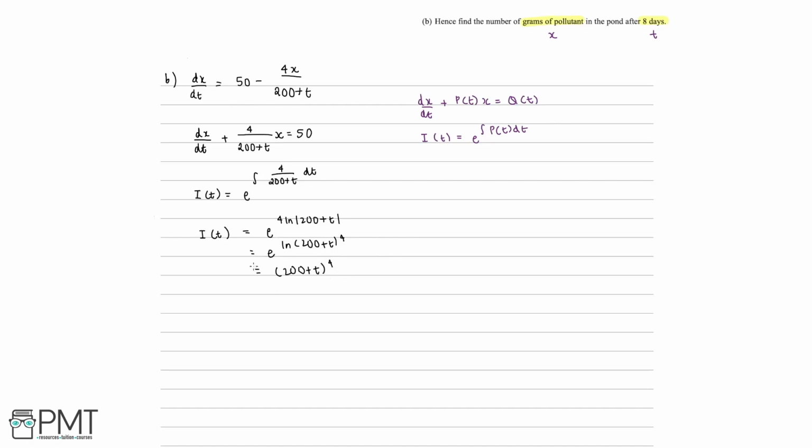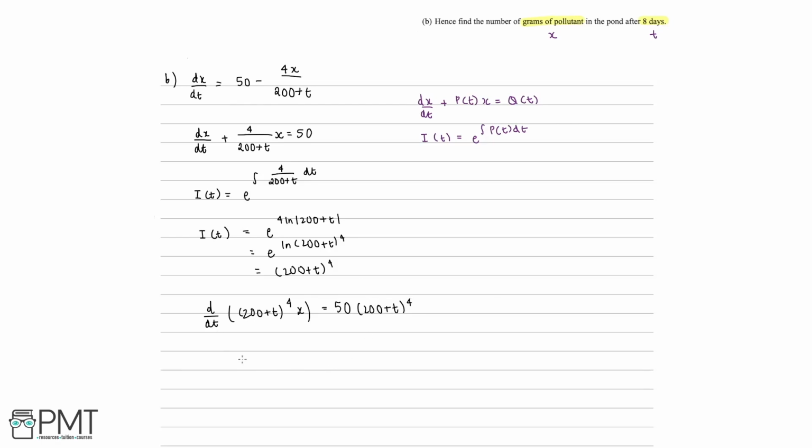Now we can use the integrating factor to note that d by dt of (200 plus t), which is our integrating factor, to the power 4 multiplied by x is equal to the constant on the right hand side, which is 50, multiplied by our integrating factor again, which is (200 plus t) to the power 4.